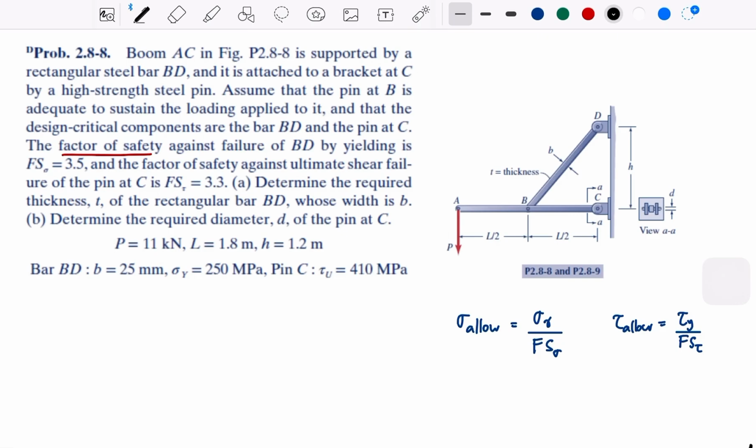So we can treat BD as a force, force BD. So this is AC, and BD is in the middle of AC, right there.